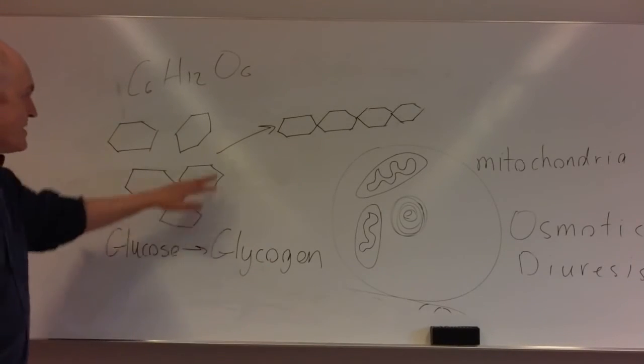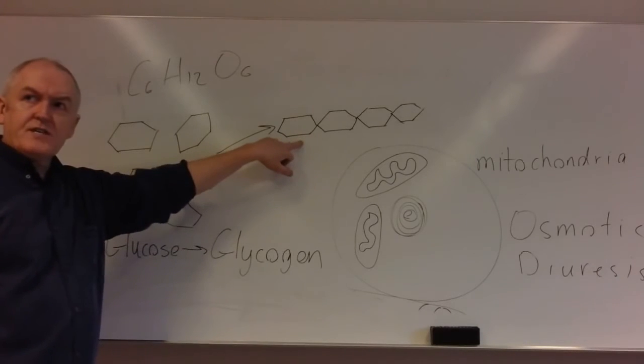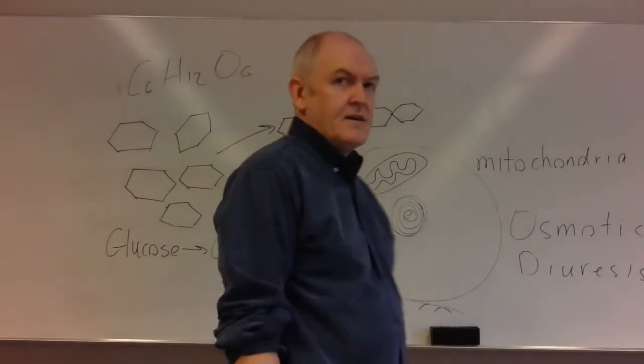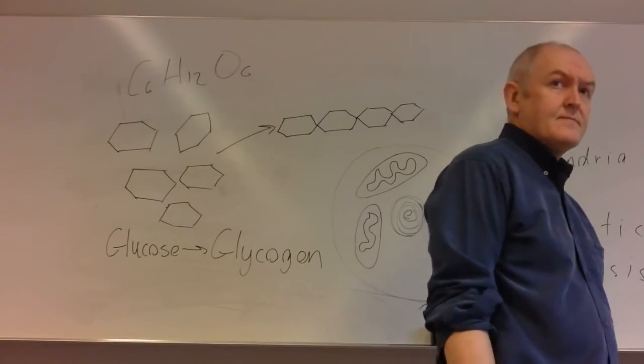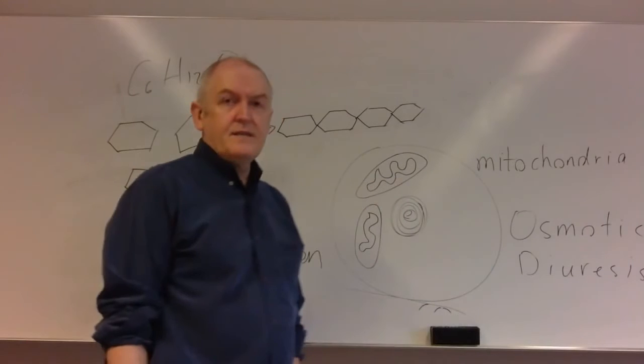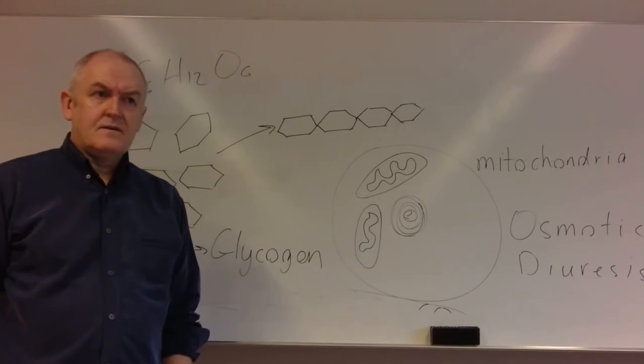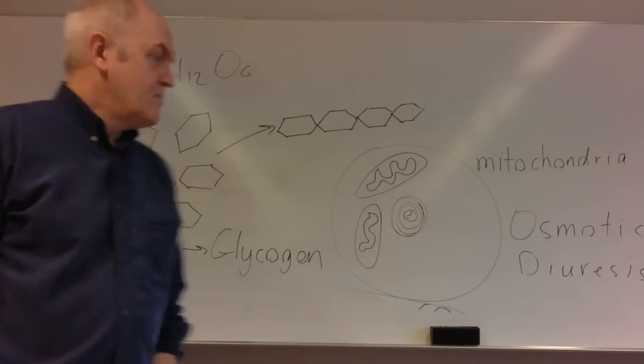What the body does is store this glycogen, primarily in two places: in the liver and in the muscles.